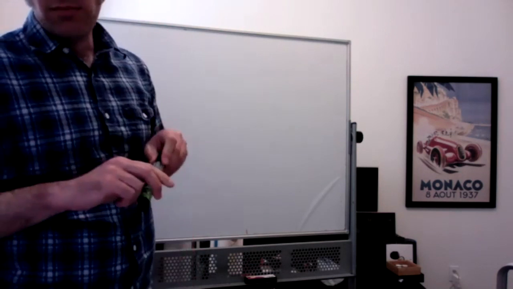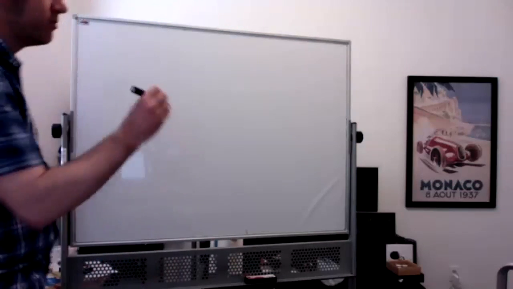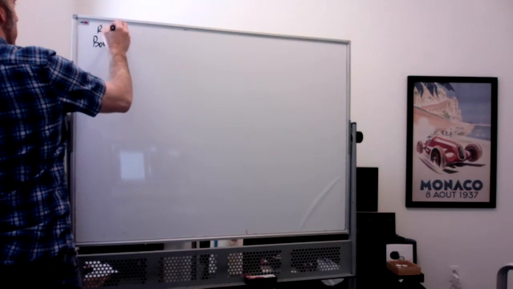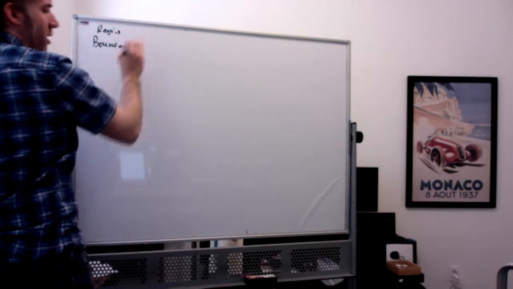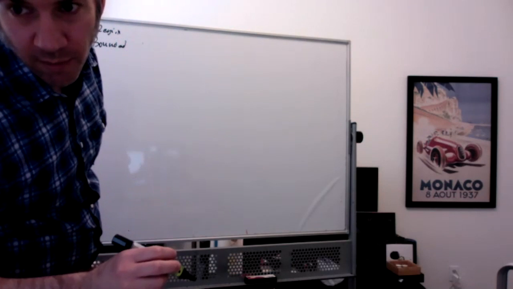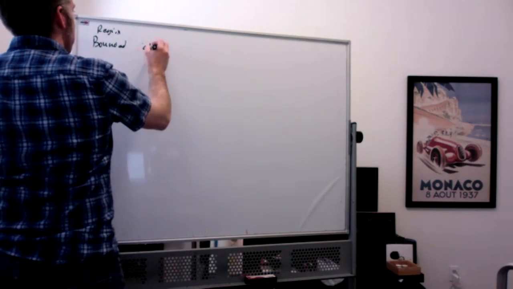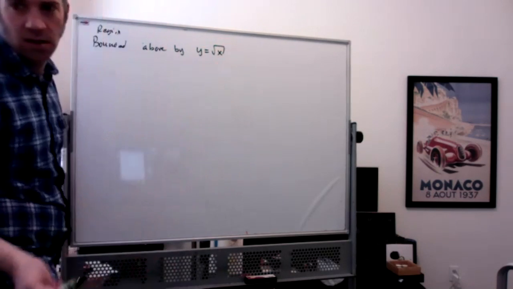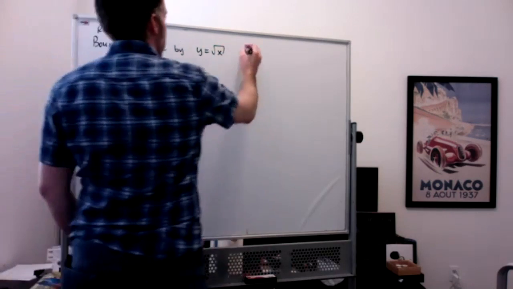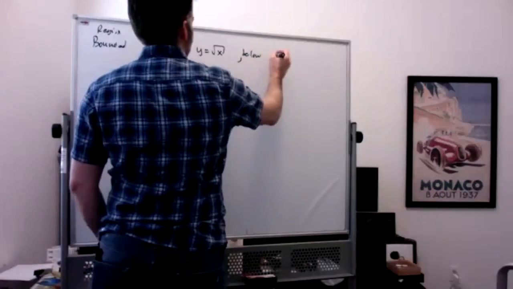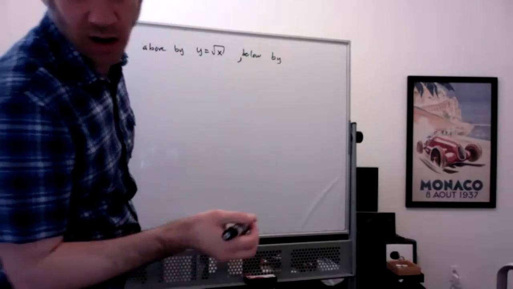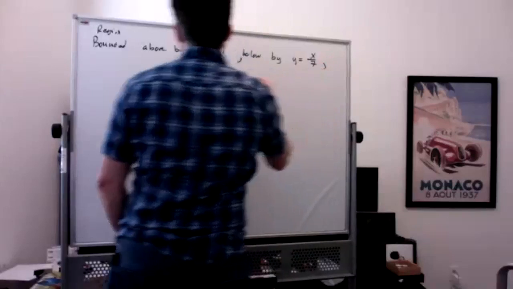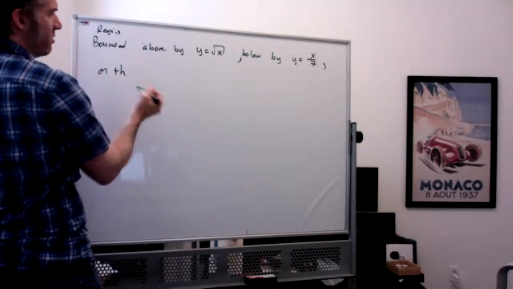All right. So let's look at this. We have a region bounded above by y equals the square root of x, below by y equal to x over 7, and on the right by, oh, is x over 7 going to be terrible?